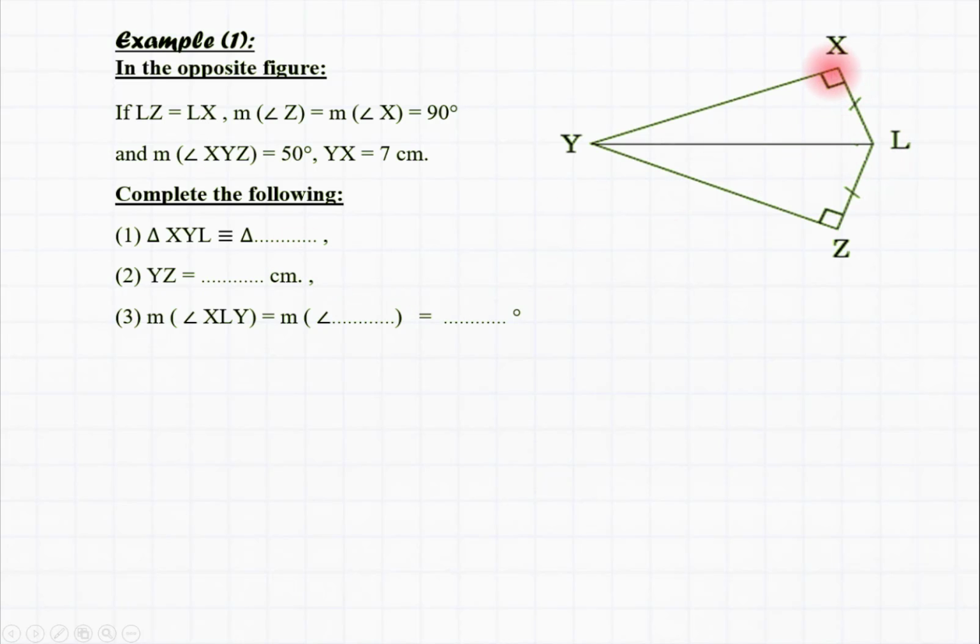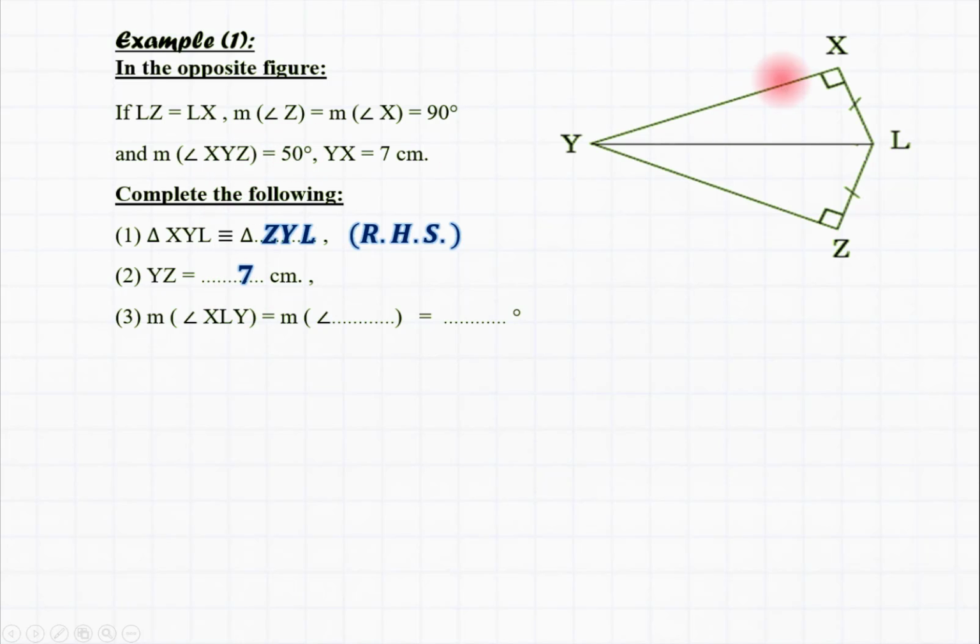Then triangle XYL will be congruent to ZYL because of right angle, hypotenuse, and side. Then the length of YZ will equal the length of XY, which equals 7 cm.